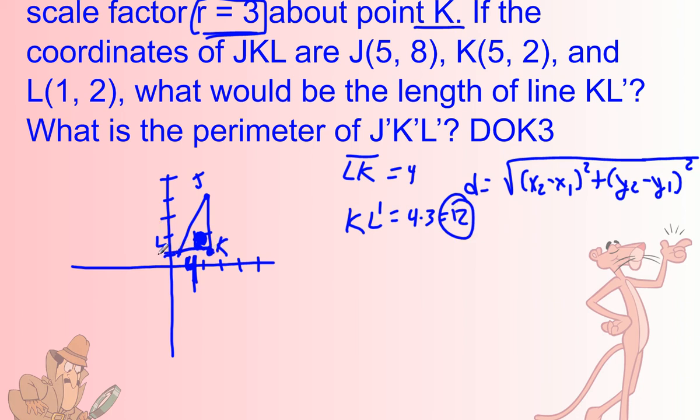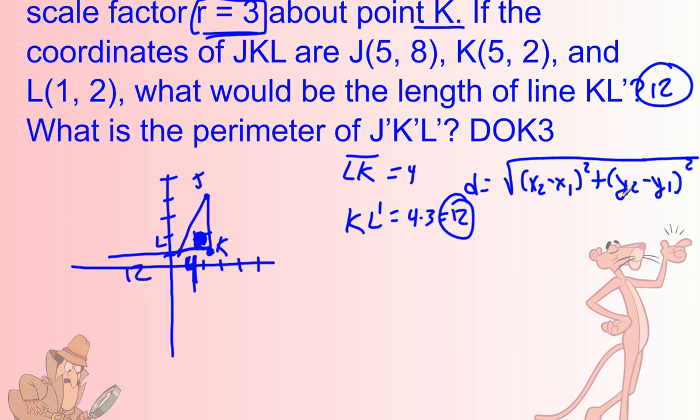This new length, 3 times bigger, would be 12. So first part of the problem, not too bad, not too hard. You could have used the distance formula to find out how long it is, and then take that distance times 3, and you get 12.